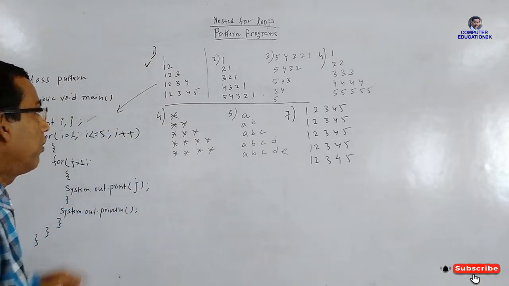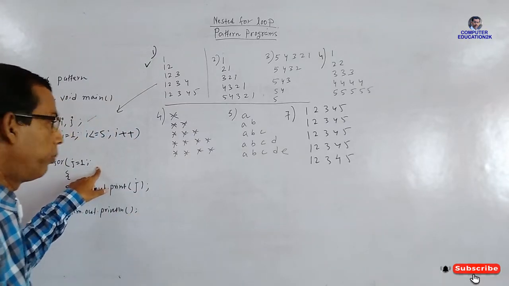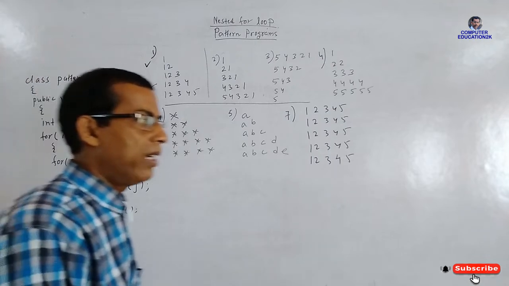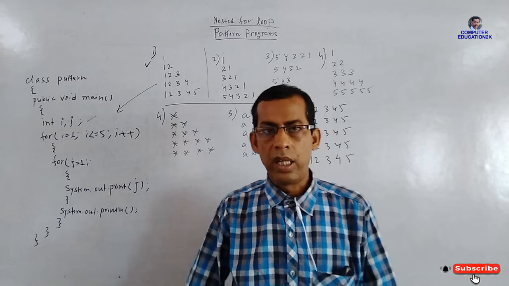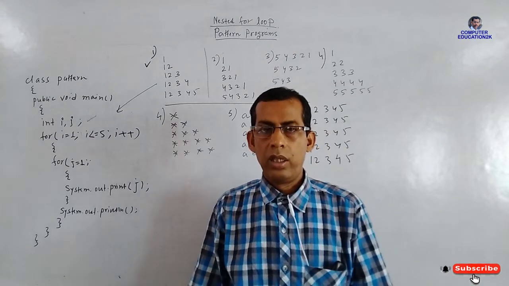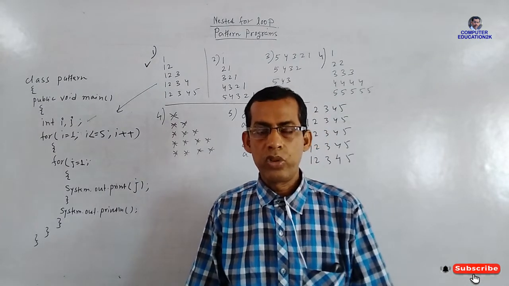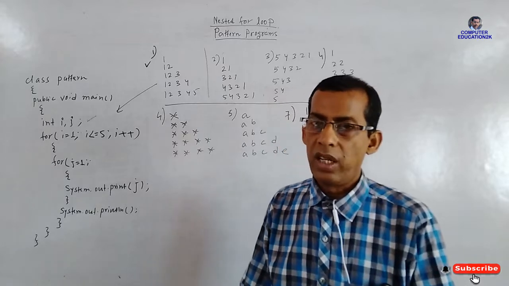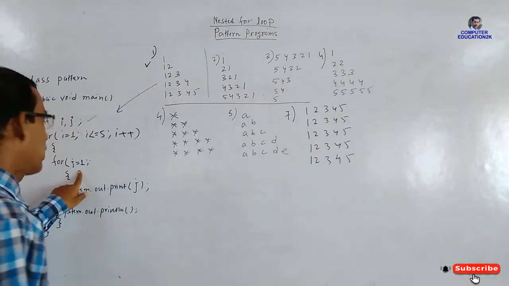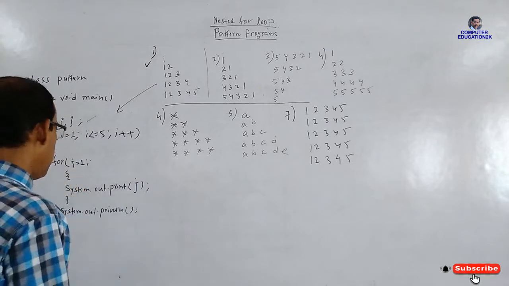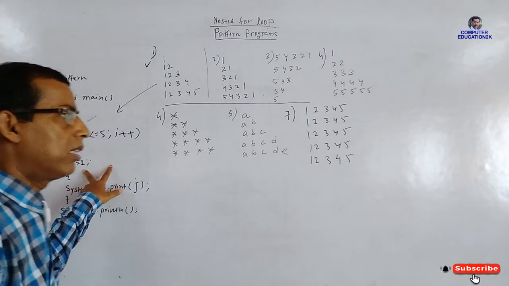And the inner loop, you know, prints each element, and the outer loop represents the number of rows. The outer loop represents the number of rows and the inner loop prints the elements in the rows, in the lines. So the first time it will print 1, so j will be 1 to 1.